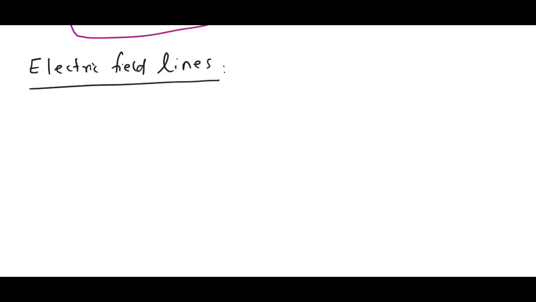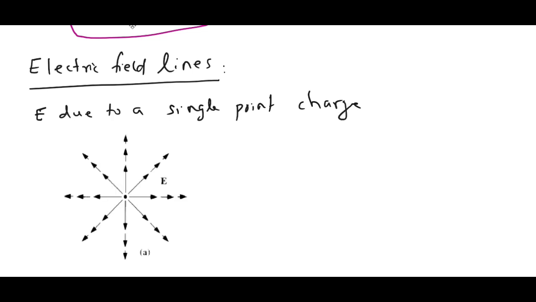Now let us go to the next topic, that is electric field lines. Now you are familiar with the electric field due to a single point charge. This is the electric field due to a single point charge, where the plus q charge is kept here.